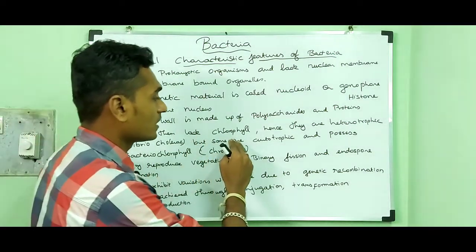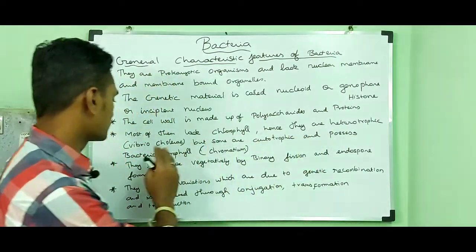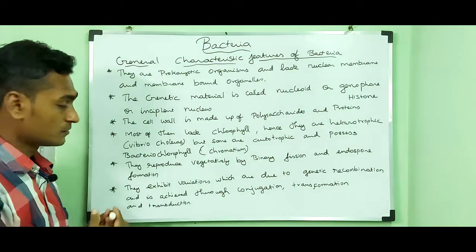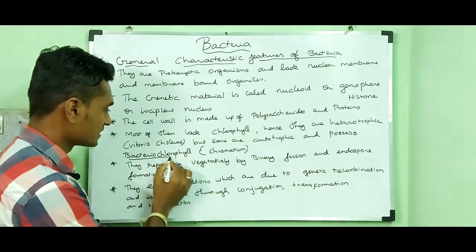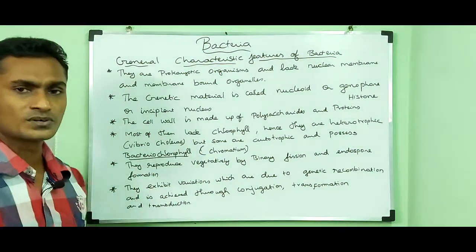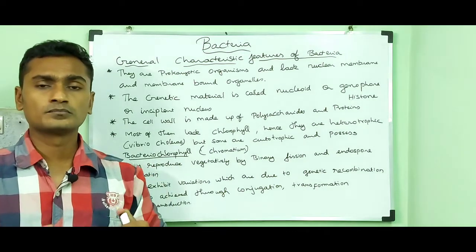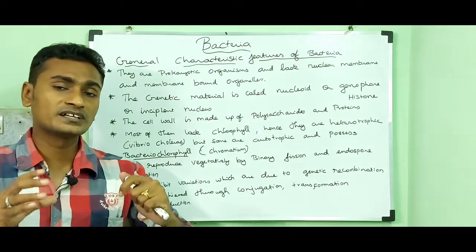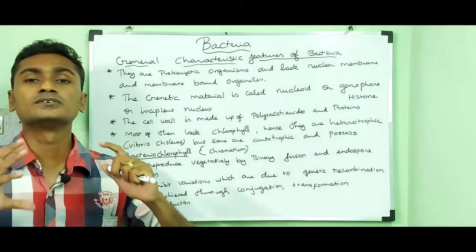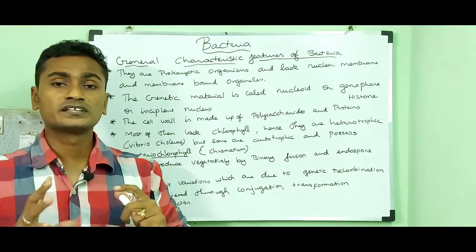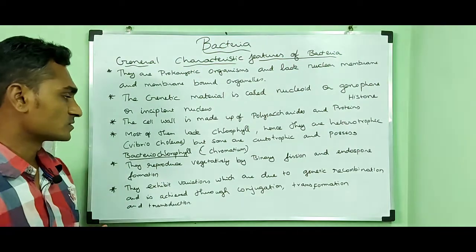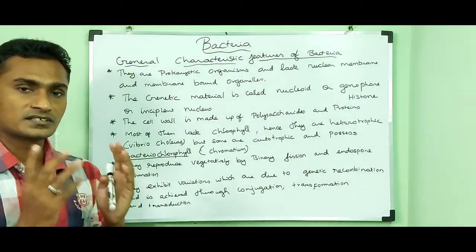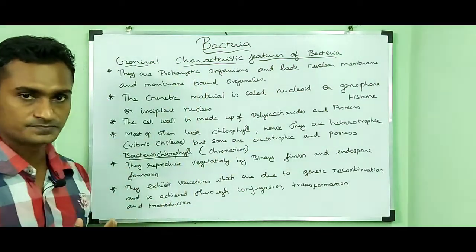But some are autotrophs and possess bacteriochlorophyll. Example, Chromatium. Nowadays blue-green algae are considered as cyanobacteria. Blue-green algae contain chlorophyll. They can do photosynthesis and they can prepare their own food. So all the blue-green algae are examples for autotrophs.